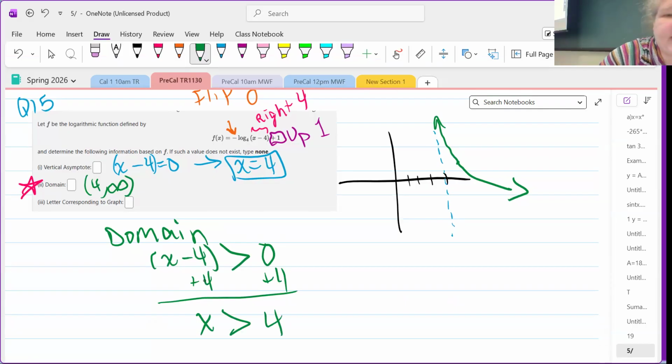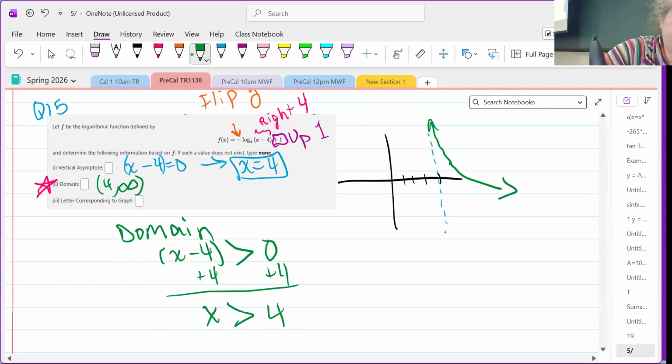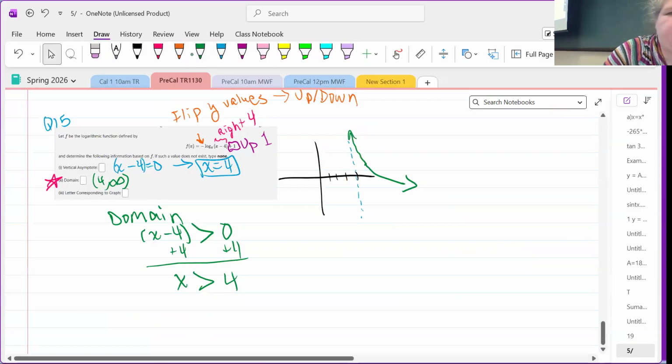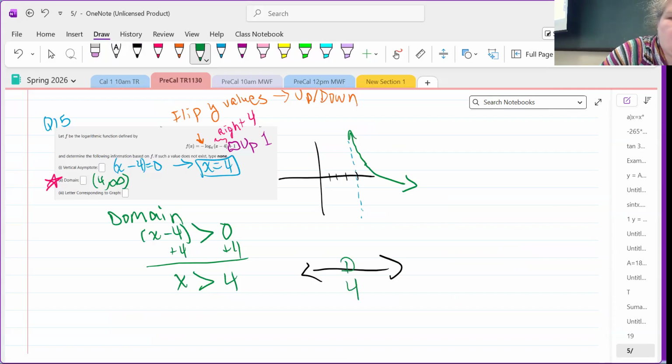So this is the other way to see that my points should be on the right side of the asymptote. If x is greater than 4, then that is all my numbers to the right of 4 up to infinity. And log domains always have parentheses because we're never going to actually equal the asymptote value.